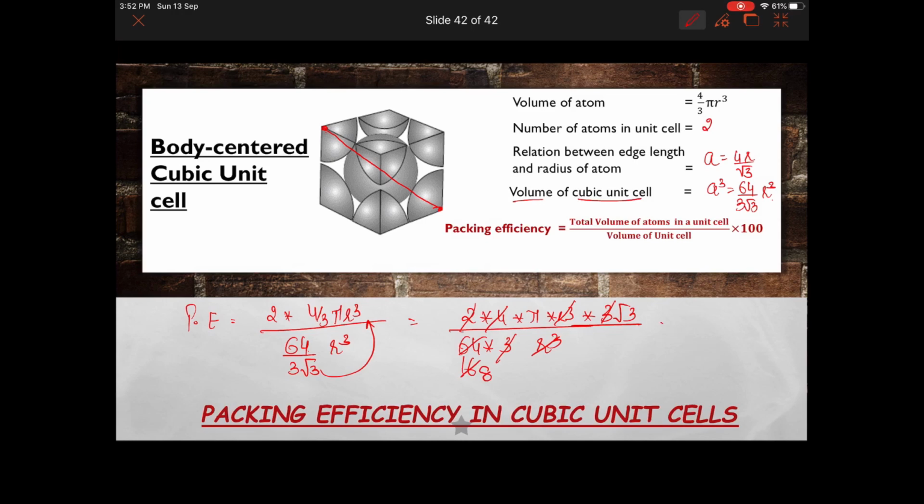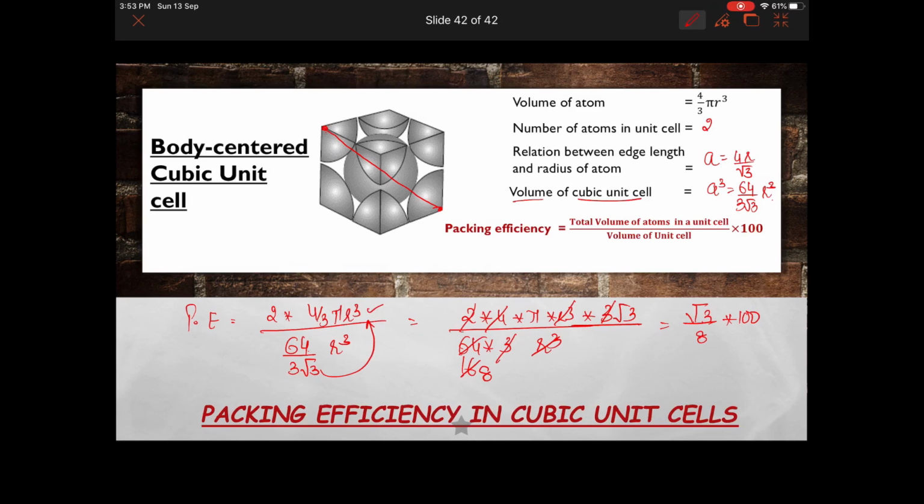So finally you get the answer as √3/8 into 100. Just observe this. Have we done the calculations perfectly right? 2 into 4/3 pi r cube.